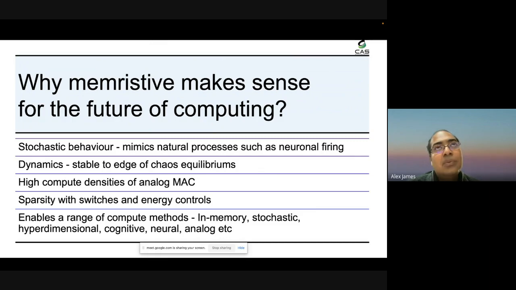And many properties have been discussed in the literature over the years. And for every device that claims to be a memristor, one thing you have to realize is it may not have all the idealistic properties that one would imagine. So some devices would have certain properties, some other devices would have certain other properties.